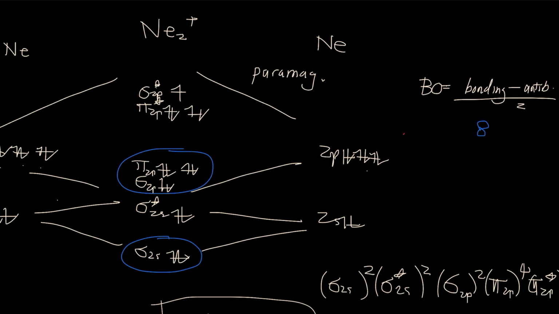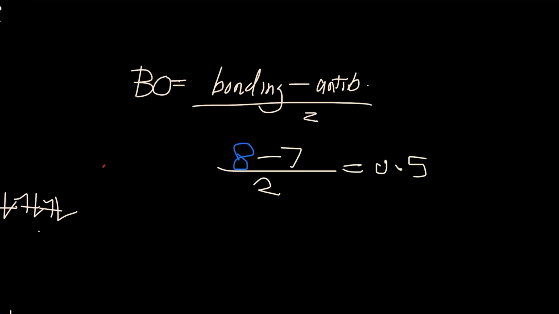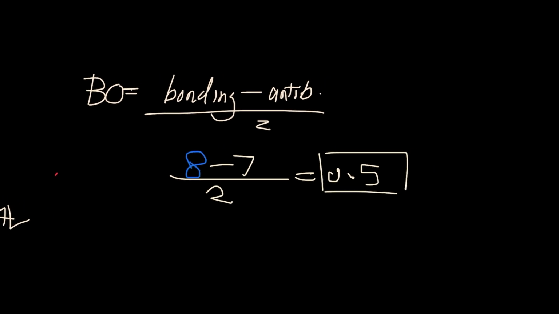And we also have 2, 4, 6, 7 anti-bonding electrons, divided by 2. That will give us 0.5. How do you interpret this? As long as your bond order is above 0, it means it exists and it is stable. So this does exist and is stable. If it's 0, then it does not exist because it is too unstable.